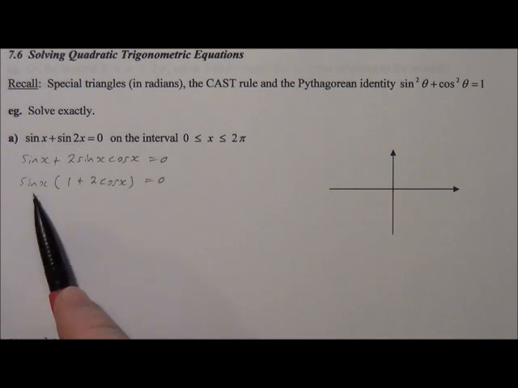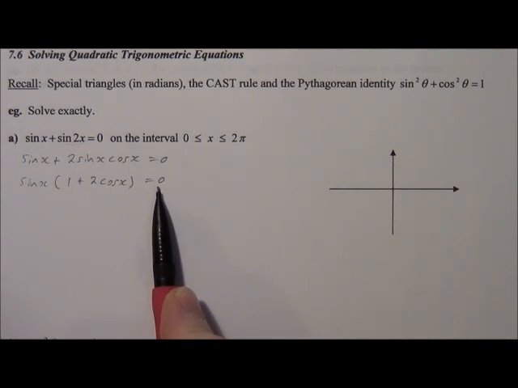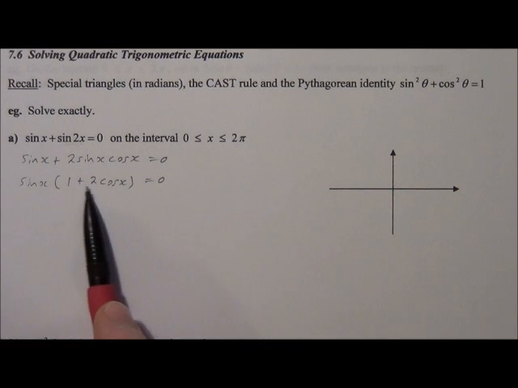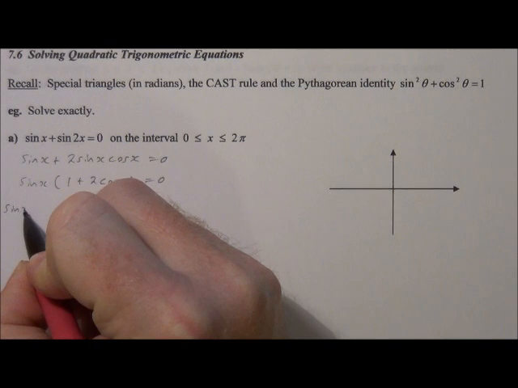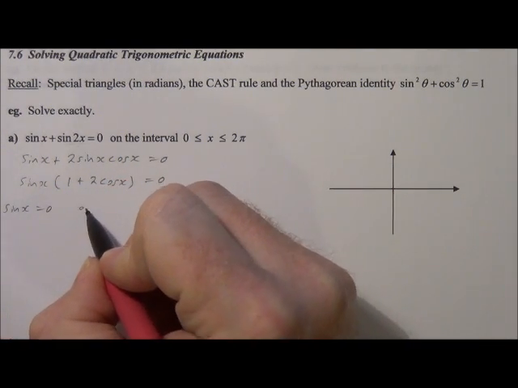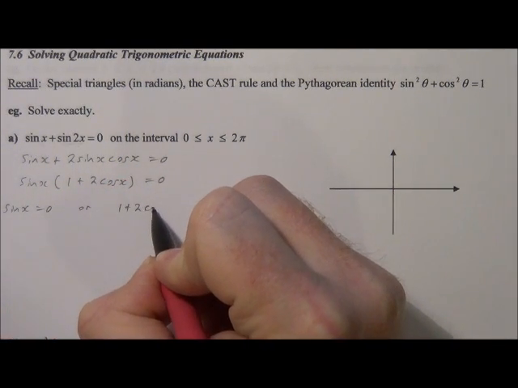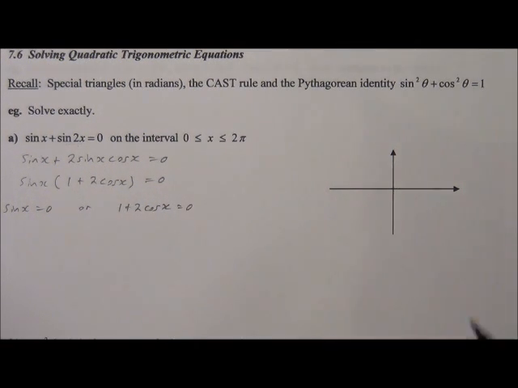And when you multiply these two factors together, we get 0. So when you multiply two factors together that gives you 0, either one of the factors equals 0, or the other equals 0, or both. So we can say sine x equals 0, or 1 plus 2 cos x equals 0.